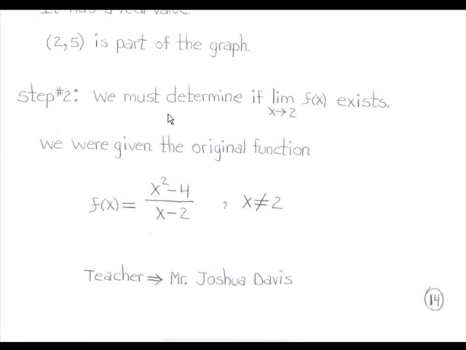Step 2, we must determine if the limit of f of x as x approaches 2 exists. We were given the original function f of x equals (x squared minus 4) divided by (x minus 2) as long as x does not equal 2.